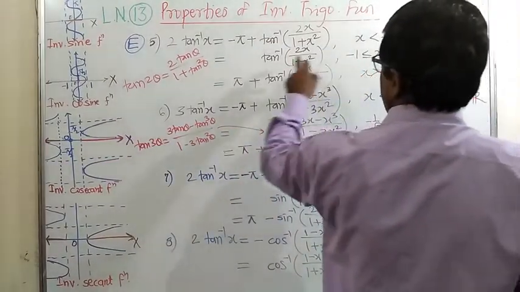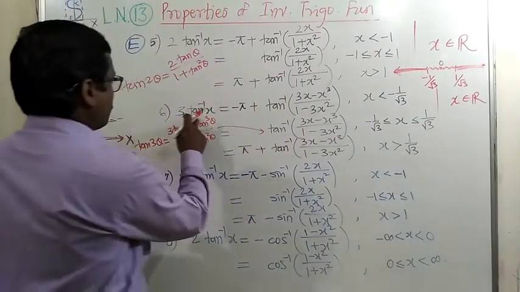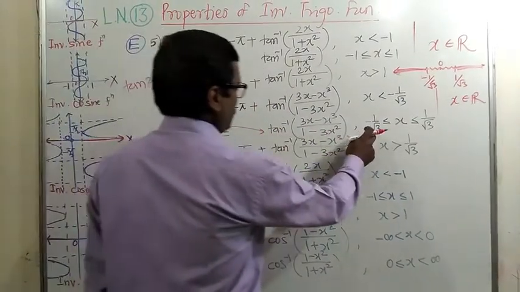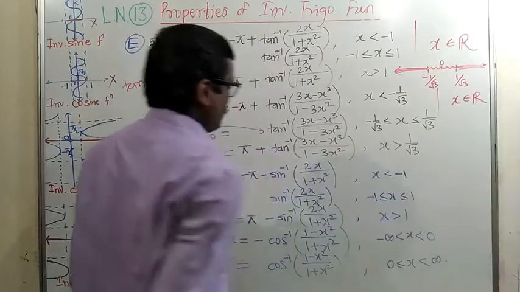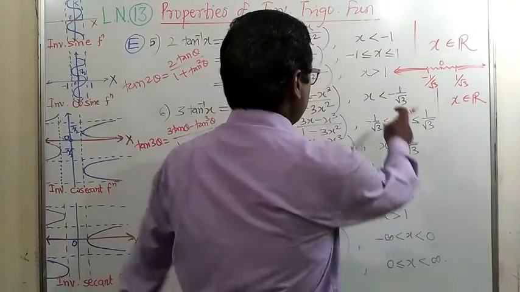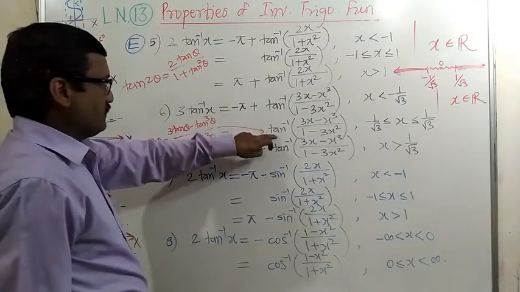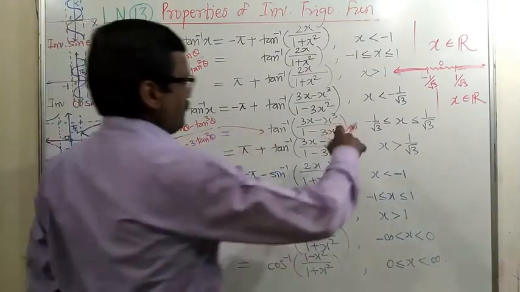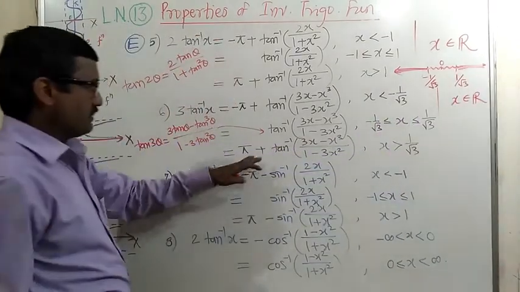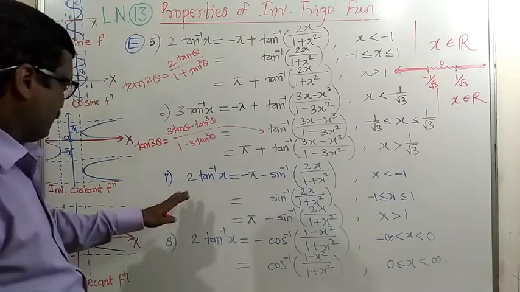If you take the negative values only, that is less than minus 1 upon root 3, then subtract pi from the same term. And if you take x greater than plus 1 upon root 3, add pi in the same formula. Okay.